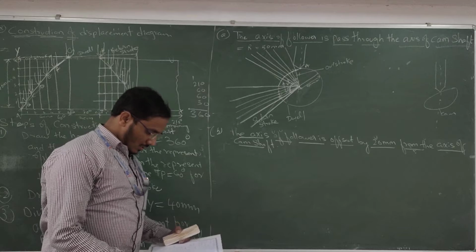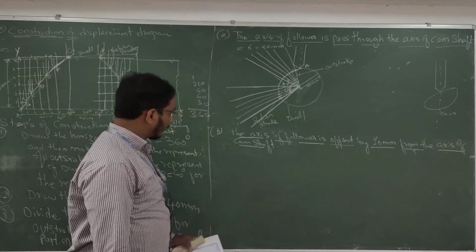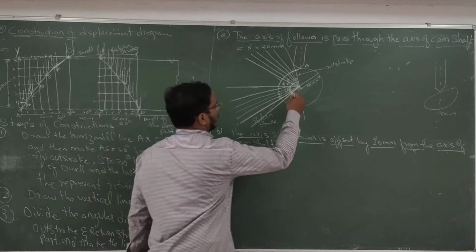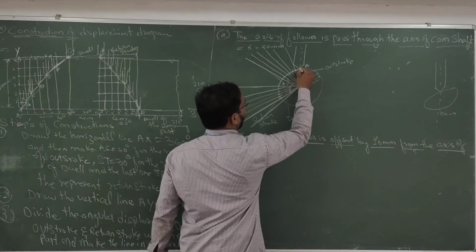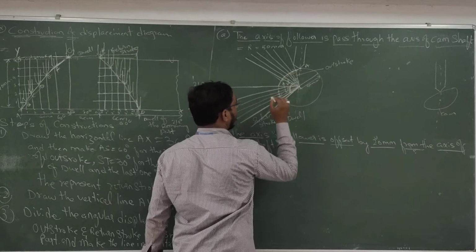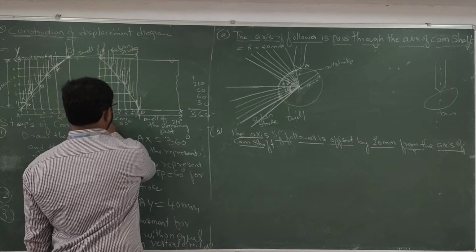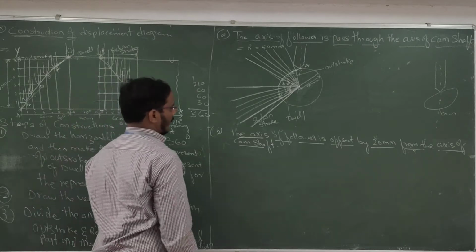Next, after that, join the points. Here we can say 0, 1, 2, 3, 4, 5, 6. Next, here we already made 0 dash, 1 dash, 2 dash, 3 dash, 4 dash.